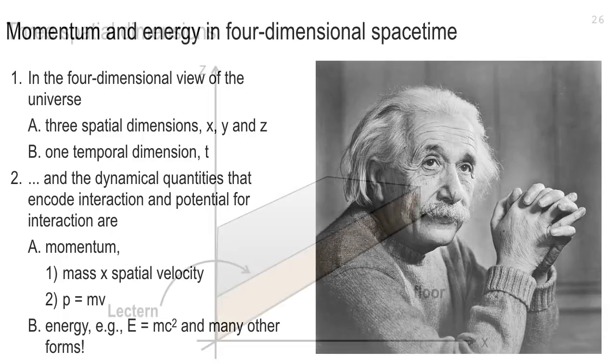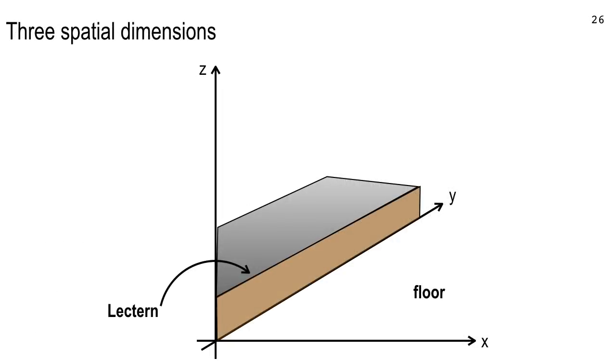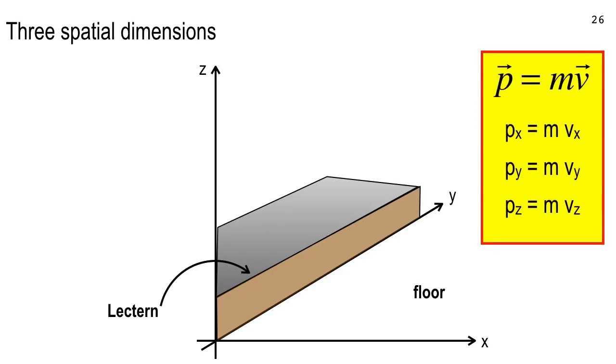All right, so let's look at these three spatial dimensions again. Now we have x, y, and z. Here's how you would express the momentum: P equals mv. So there's the x component of P, the y component of P, and the z component of P. In general, if you hit a baseball and there's any spin on it, the baseball won't just follow a straight parabolic arc up and down.